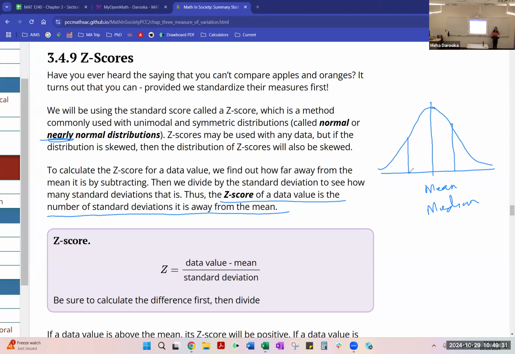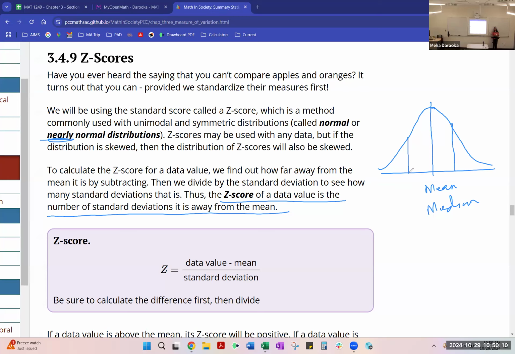So we use standard deviation as the basis of how far away from the mean you are, instead of just saying it's 5 units away from the mean, because that would be like calculating a range. But because we want to standardize our calculation, we base it on standard deviation instead of just saying my data value is 10 units away from the mean, which wouldn't really tell us anything when we're looking at, like I was saying, height of men compared to height of women. 10 inches could be a big deal for men or women, or Scandinavians compared to Asians.